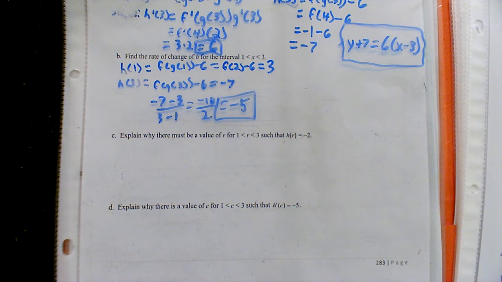So for example, the -7 is less than -2, and -2 is less than 3. And because that value is in between and h of x is continuous, there has to be an h of r that equals -2. Exactly.